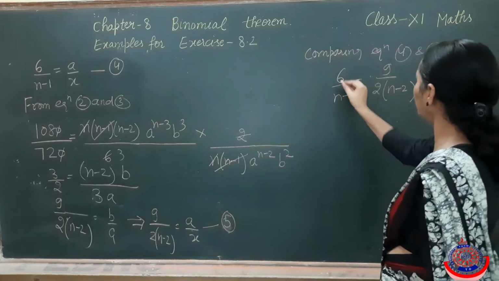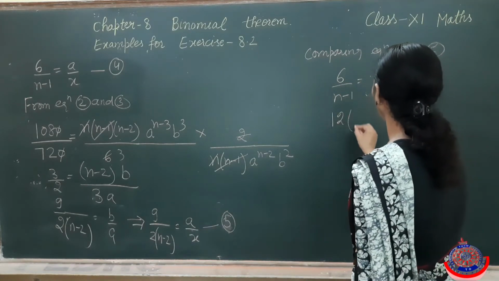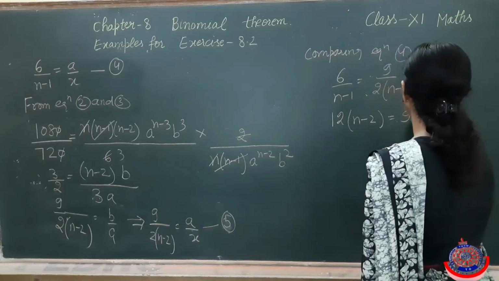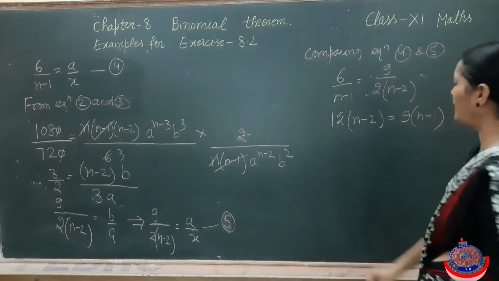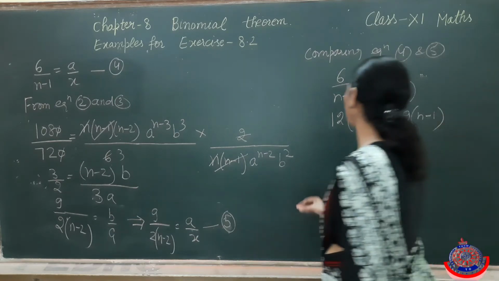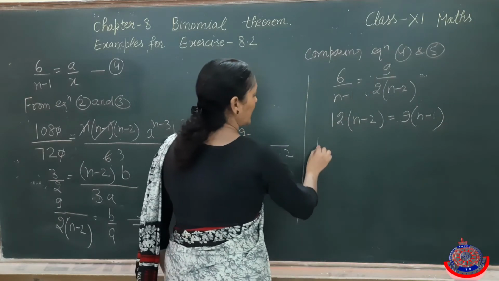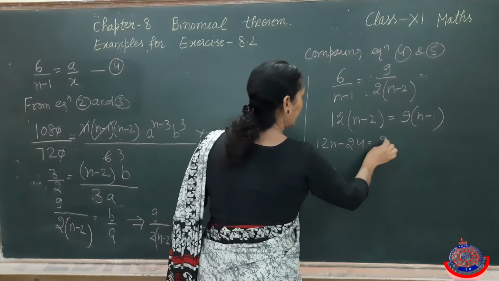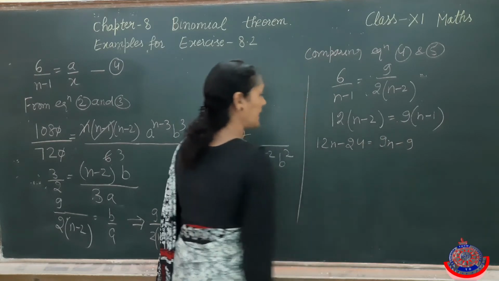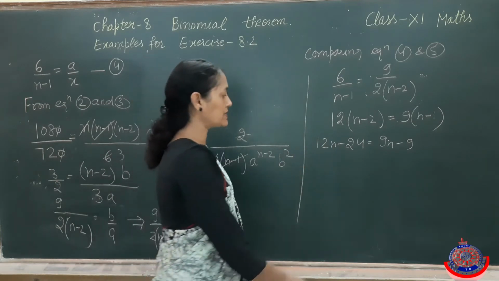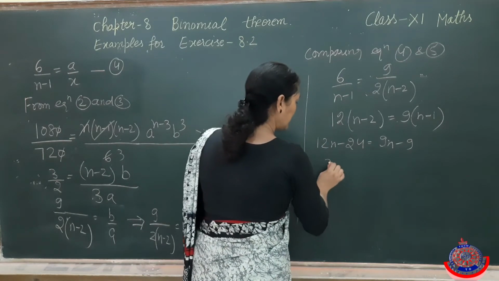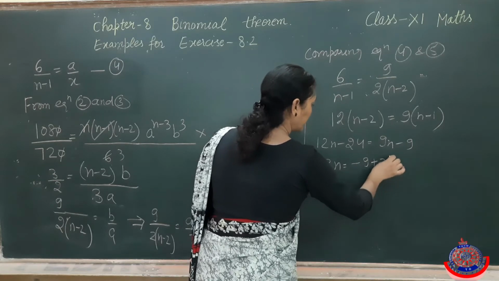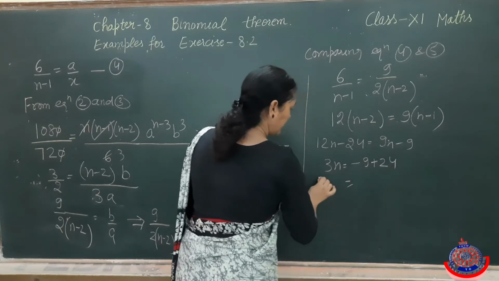Cross multiplying, 12(n minus 2) and this side 9(n minus 1). Now if we open the bracket, this will be 12n minus 24 equals 9n minus 9. Shifting like terms to one side, 12n minus 9n, 3n equals minus 9 plus 24, 15.